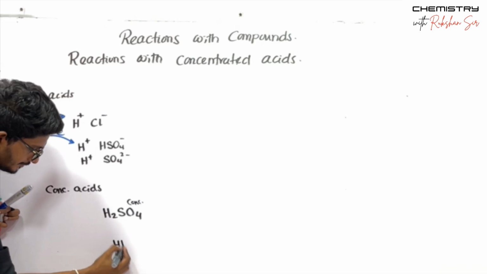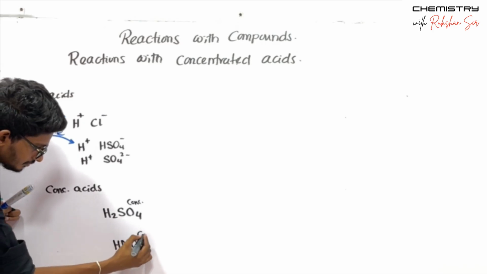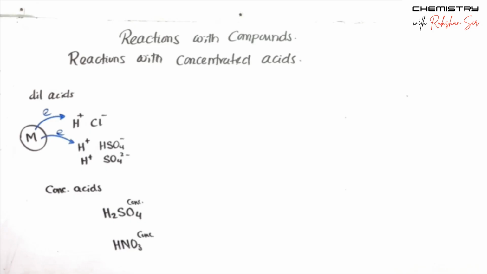In the conc situation, the electrons released by the metal are not going to be accepted by the hydrogens but by the p block elements.